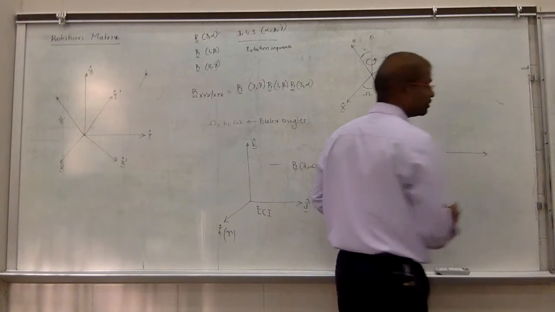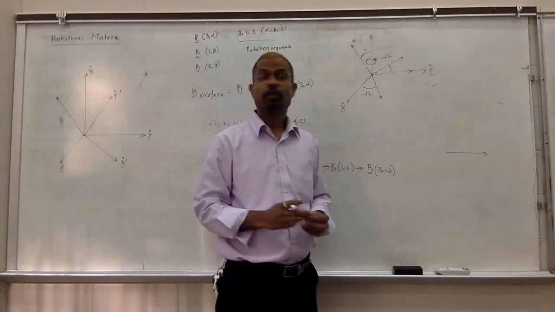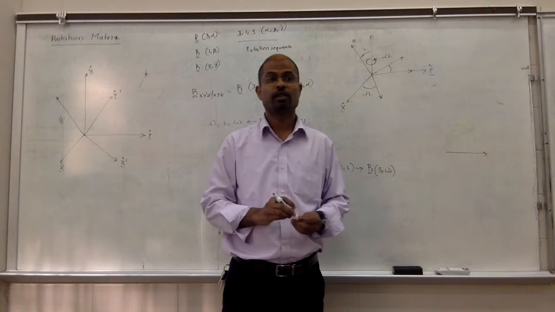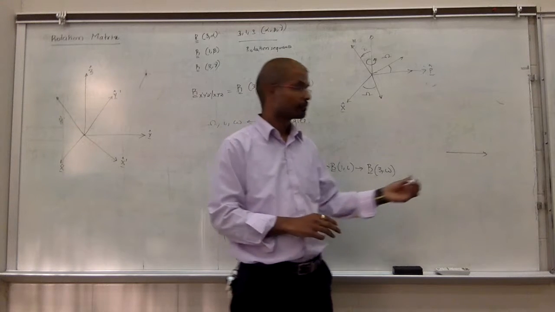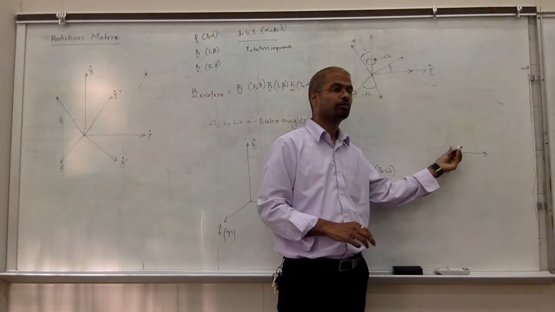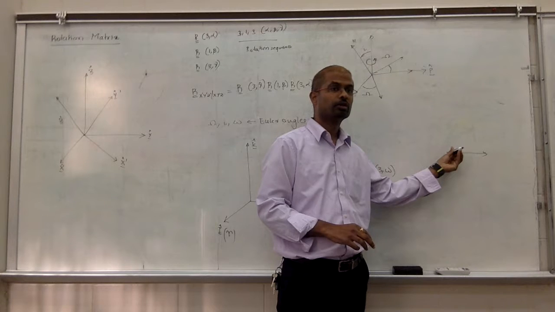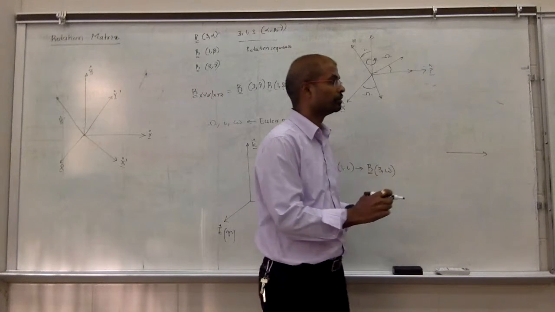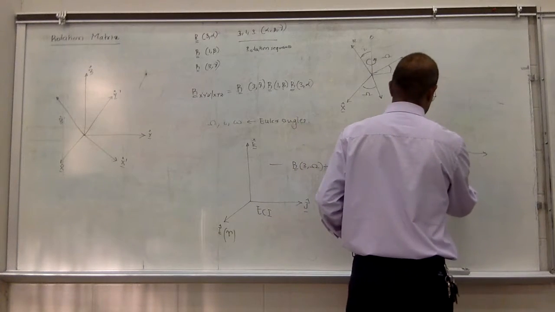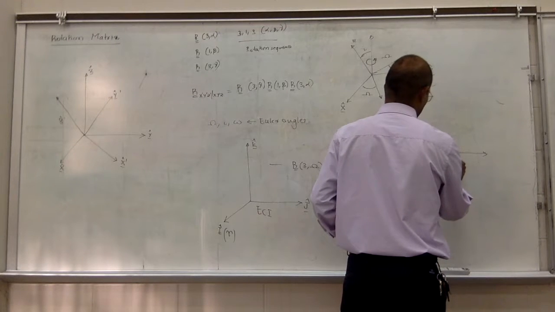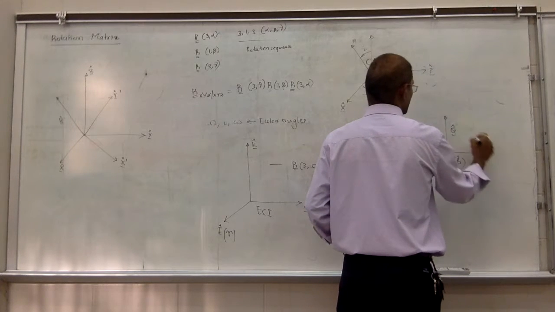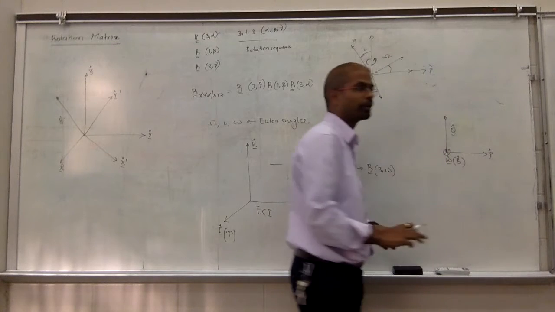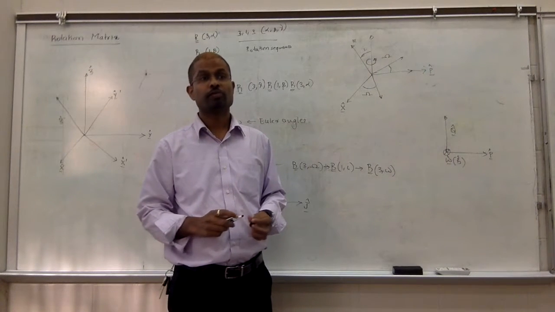And where is the H axis? H is always coming out. So this is W or H, and this is the Q direction. Does this make sense?